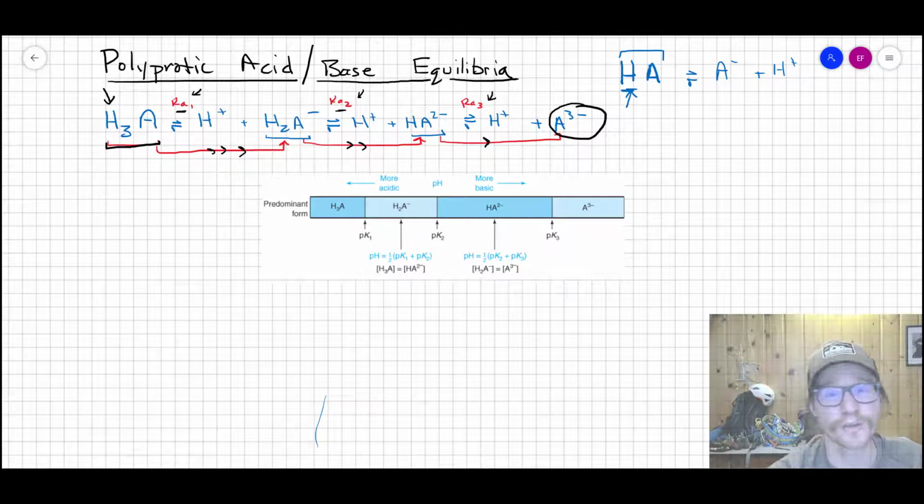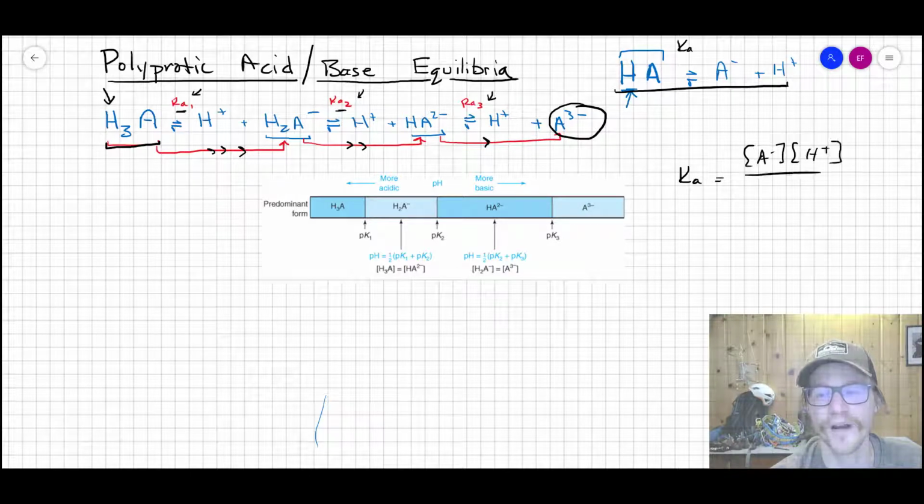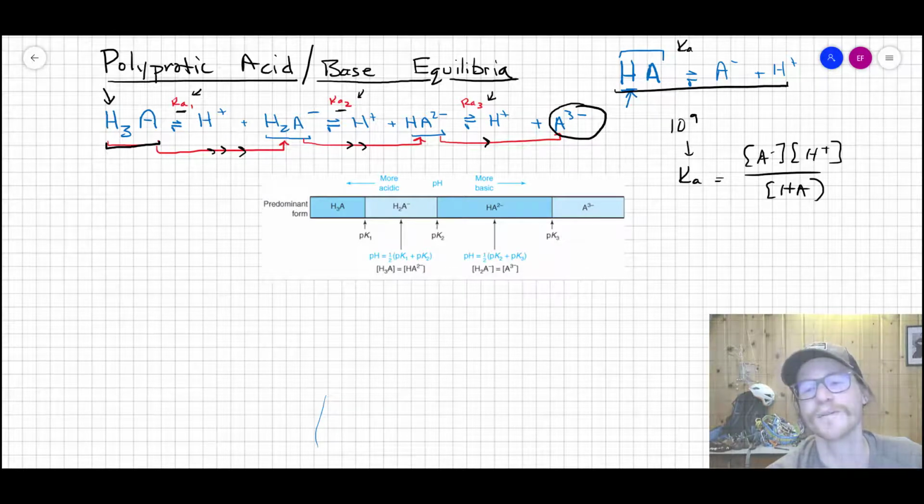Even if you have a super large K, right, for, say, this reaction, HA goes to A minus plus H plus, if this Ka is really, really big, it's still Ka is equal to A minus times H plus over HA. Even if Ka is 10 to the 9, it's a billion, which means that the concentration of these things is going to be a billion times that of HA.